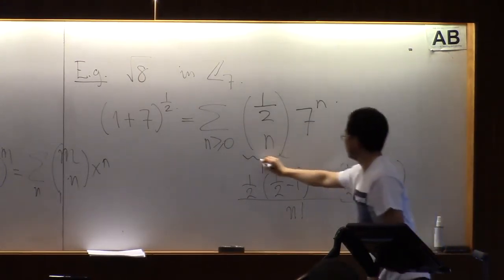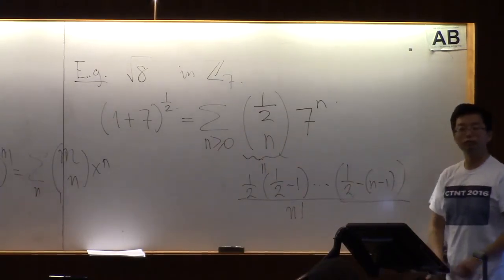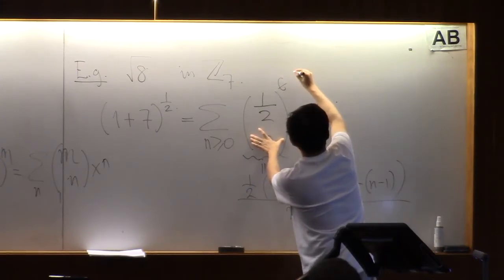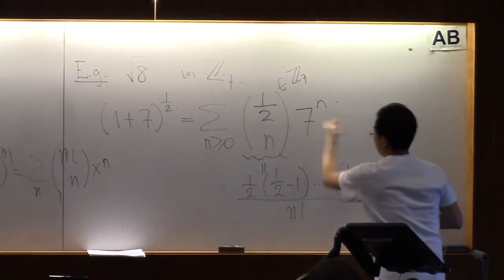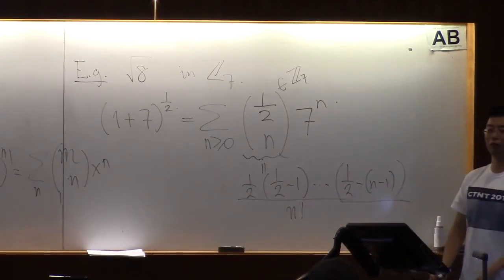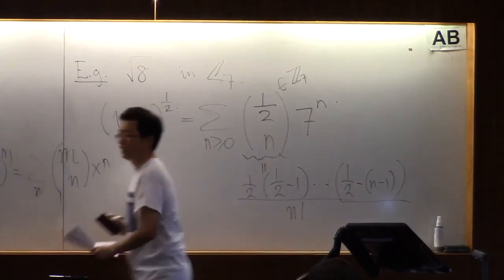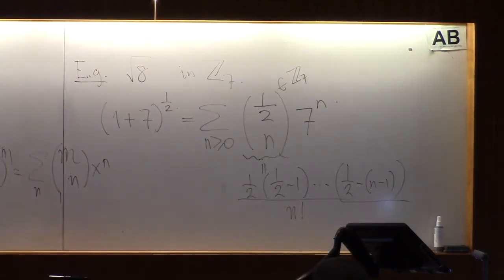You can define it to be this formal quotient. And you can always show this is always a p-adic integer, and this will converge to a p-adic number. So it's another way of taking the square root. Did that answer the question?